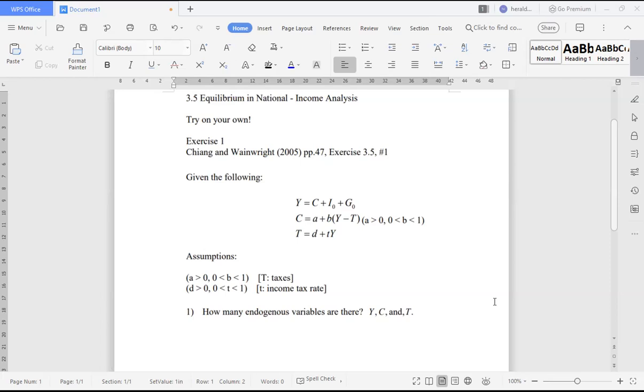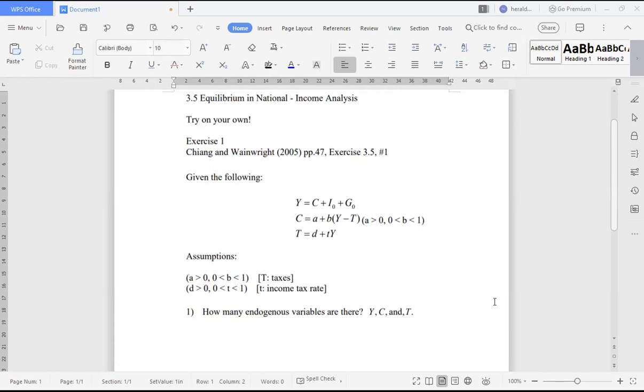If the tax rate is, for example, equal to 0.2, then our analysis later on would be: if Y star were to go up by 1 peso, then how much would our taxes go up by? Let me repeat.